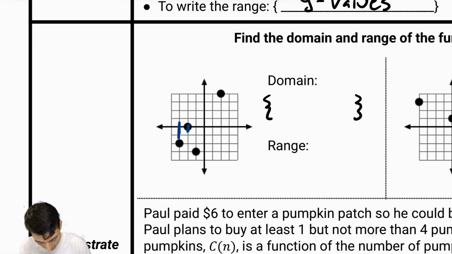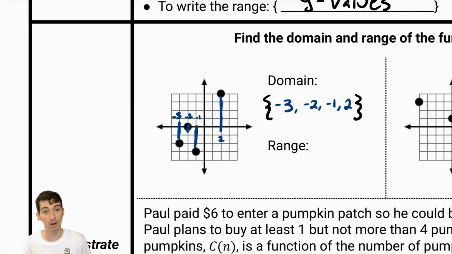I've got one here, here, here, and here. So going from left to right, my values are -3, -2, -1, and 2, and that would be my domain.